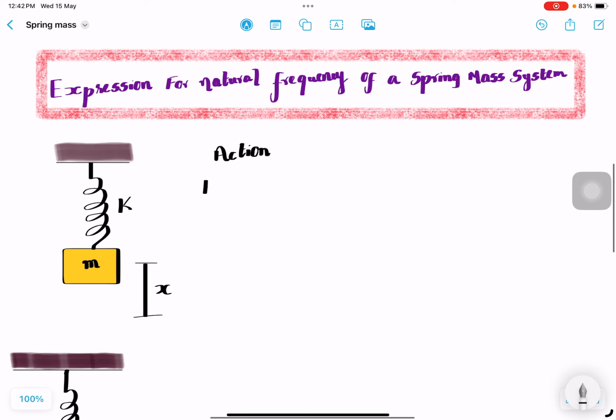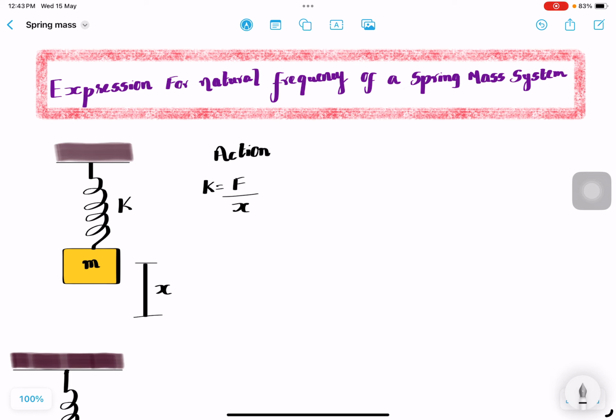We know that stiffness is the amount of force that is required to stretch a spring by a certain distance. Say, for example, in our case, it is x. For example, if the stiffness of the spring is 1000 Newton per mm, the physical meaning is you have to apply 1000 Newton of force in order to stretch the spring by 1 mm.